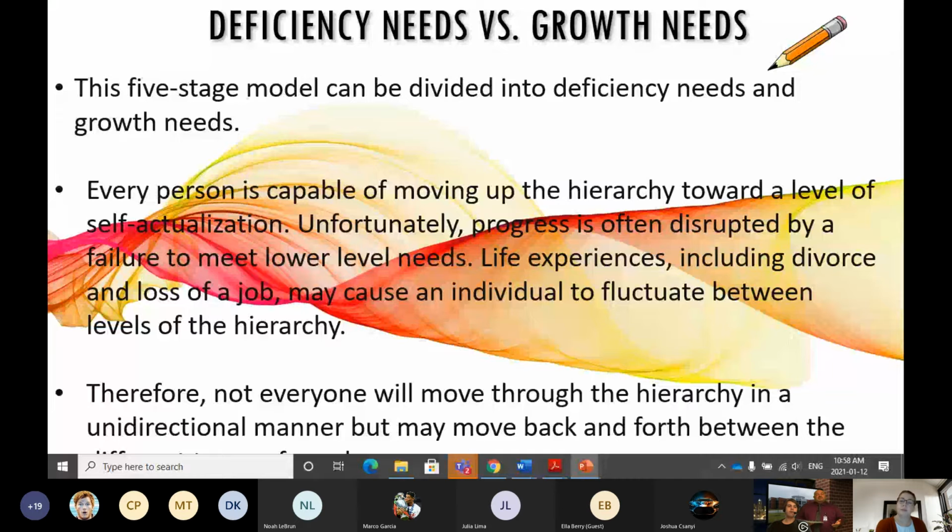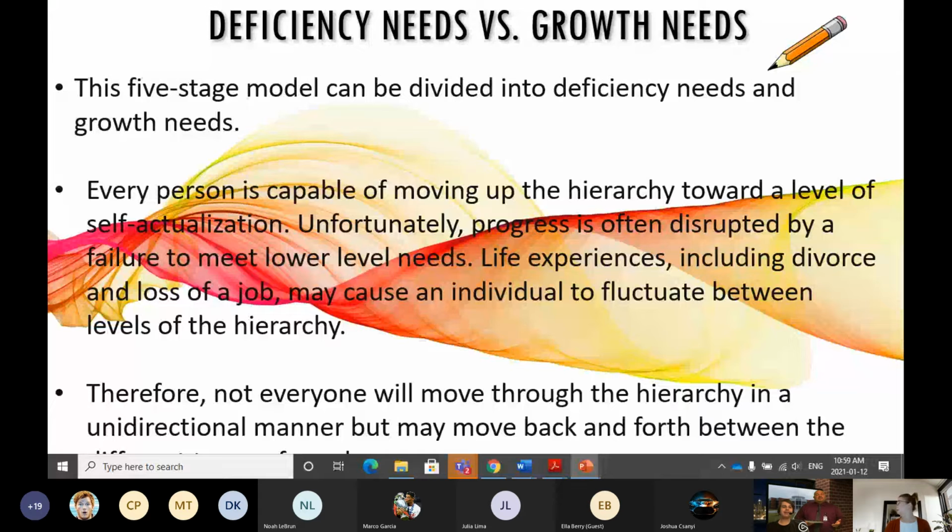Unfortunately, progress is often disrupted by a failure to meet the lower level needs. And you can fluctuate between levels. It's not like you meet your basic needs and then level up to the next one. It doesn't work like a video game, right? You can be on the third level and then lose your job, or go through a divorce, or become homeless and then drop back down to the bottom level.